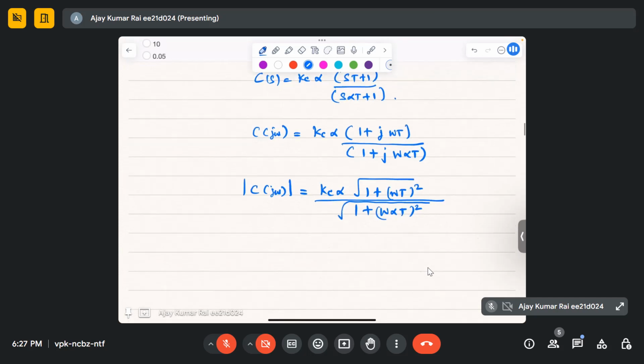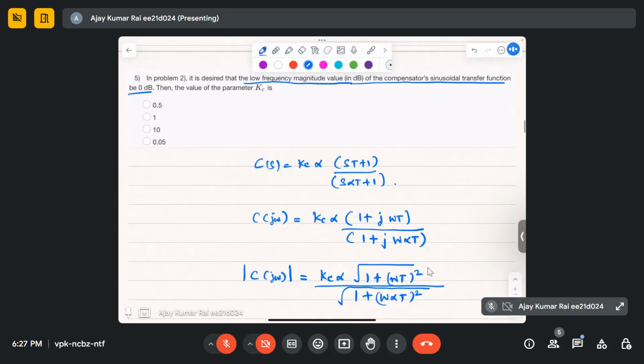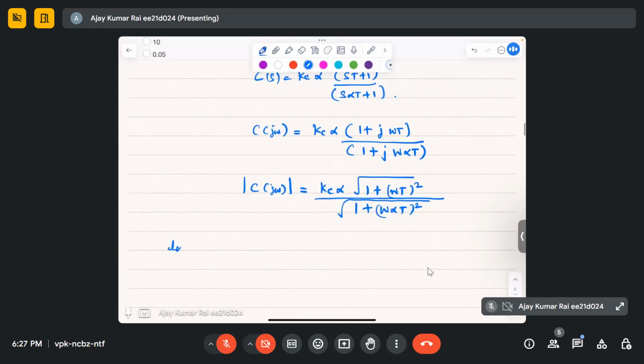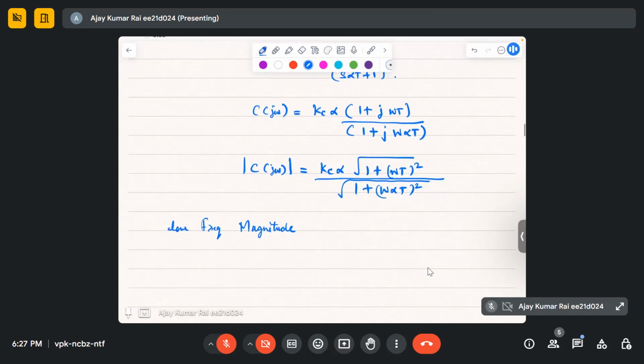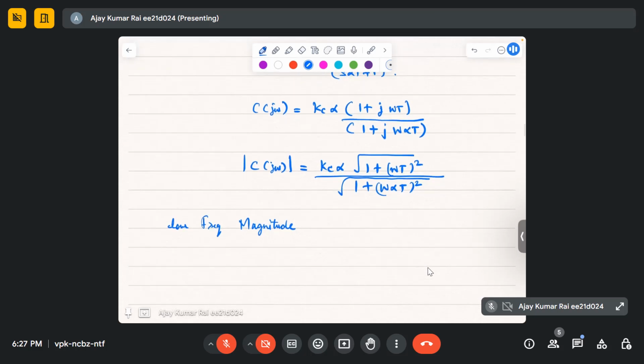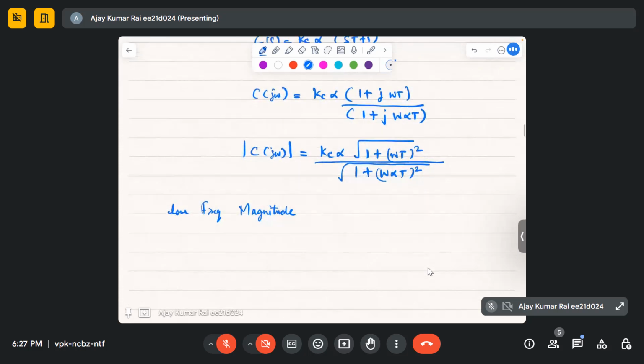So this is the magnitude we have found, and we want the low frequency magnitude. When we say low frequency region, that means omega is very, very small. So if you see this magnitude, we can neglect the omega t term with respect to 1, as we saw when doing the Bode plot also.